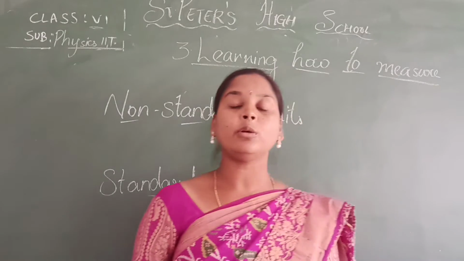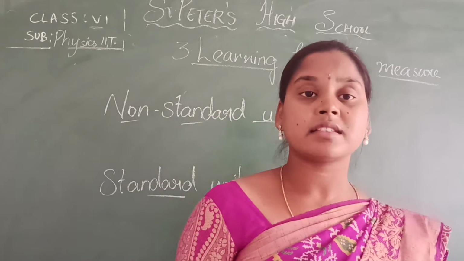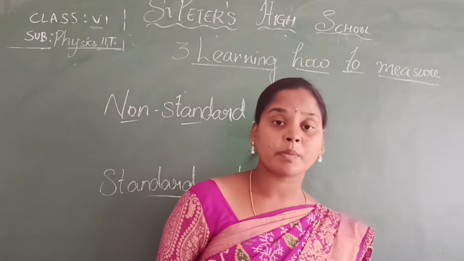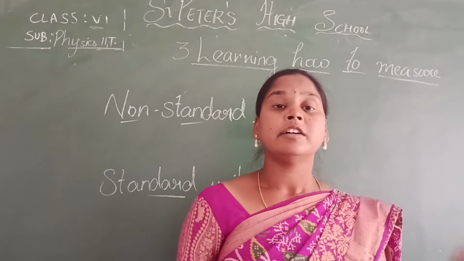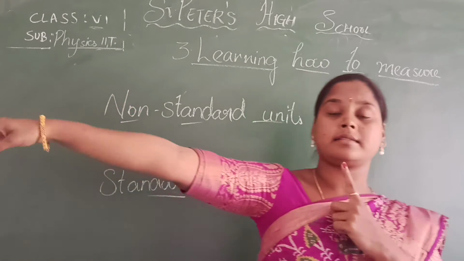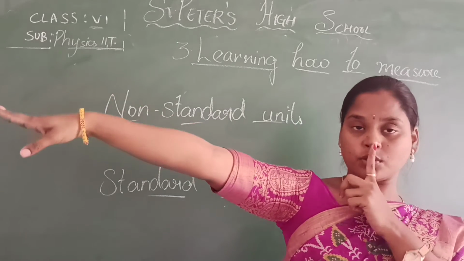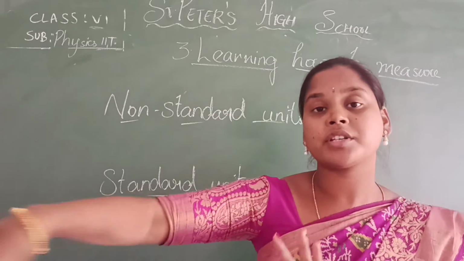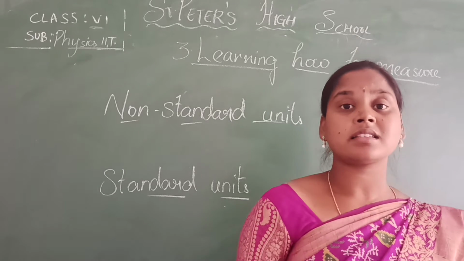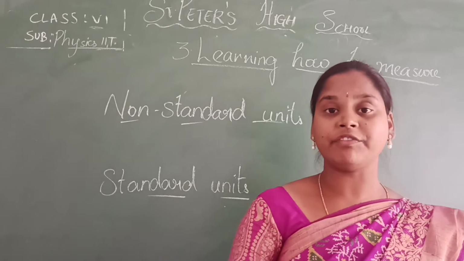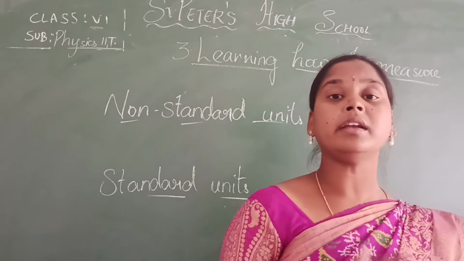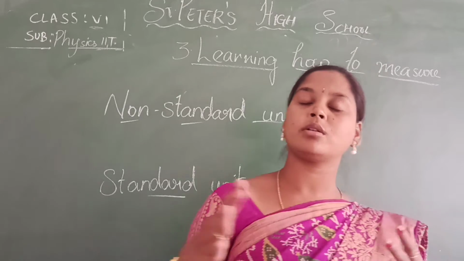Yes or not? In olden days, people used to measure in the same way. They used to measure land from the king's nose to the tip of the hand. But the kings are not the same in all regions, the height of the kings may vary, so the length will also vary.